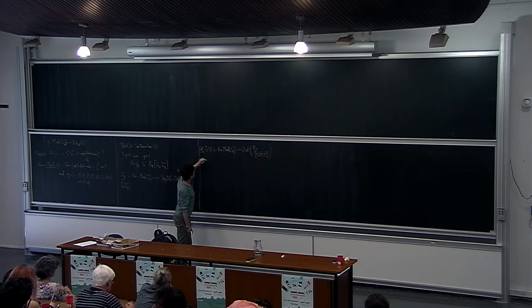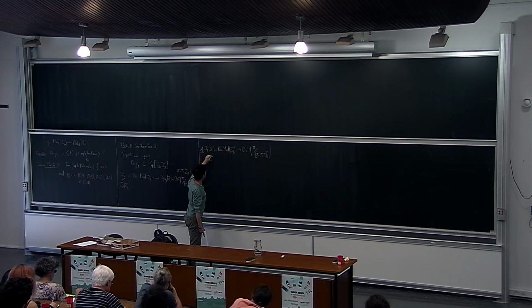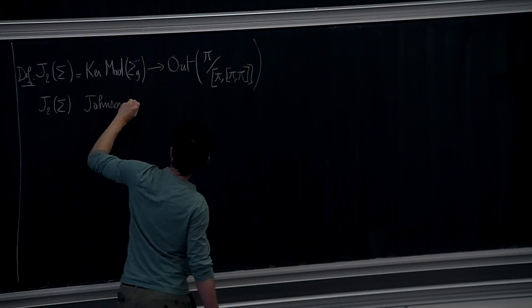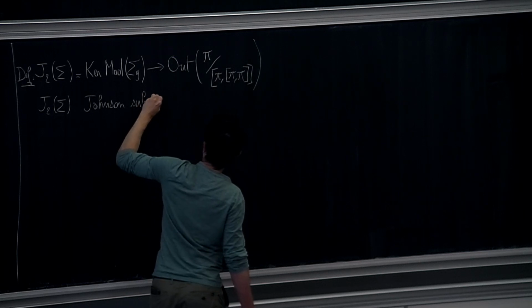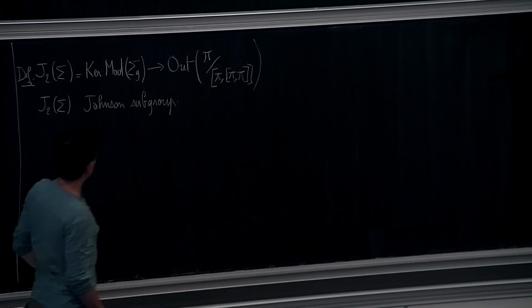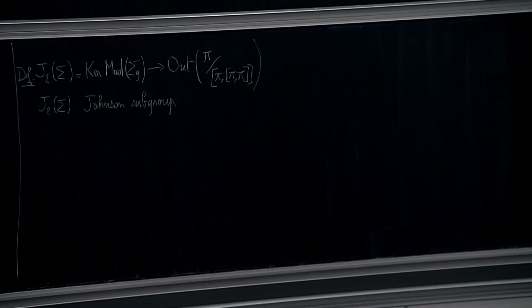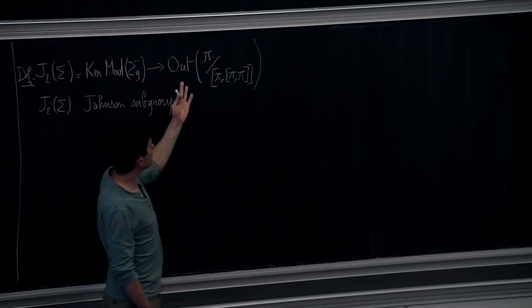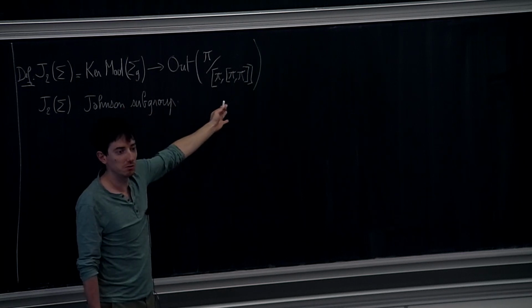So this is a definition, and this J_2 of sigma is known as the Johnson subgroup, or sometimes the first Johnson subgroup. And then you see how you can generalize this into an infinite series.